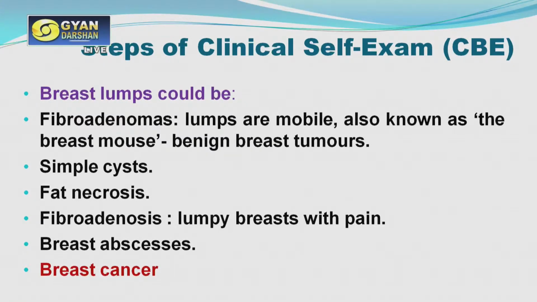Now if you try and you find some lump, does this mean that it is a breast cancer? You should have that knowledge, and that has to be imparted to the patient also, that every lump is not a cancerous lump.